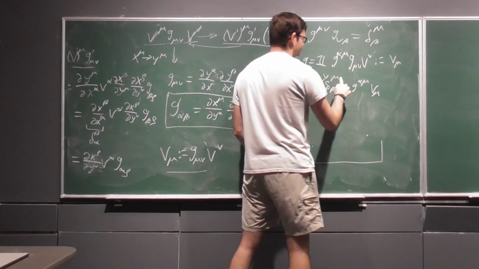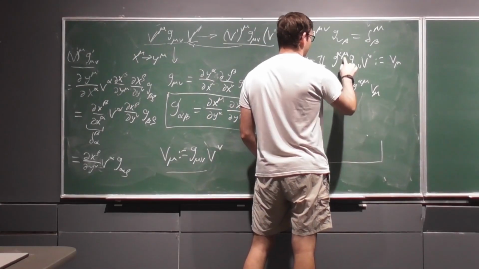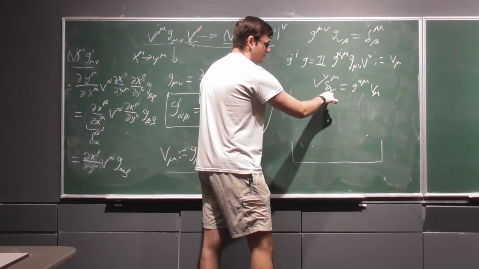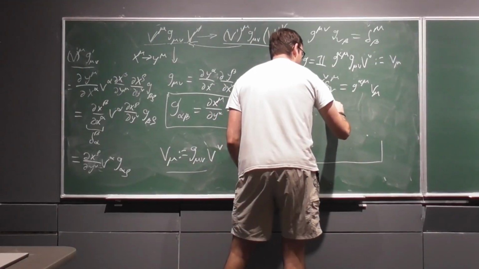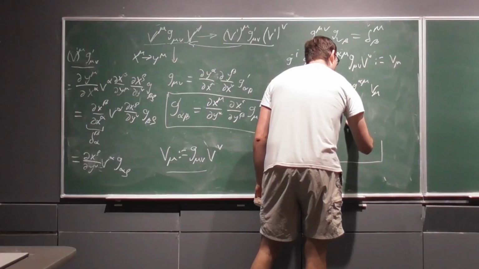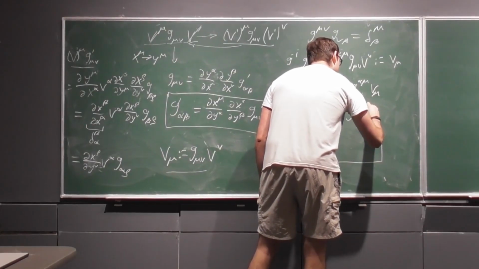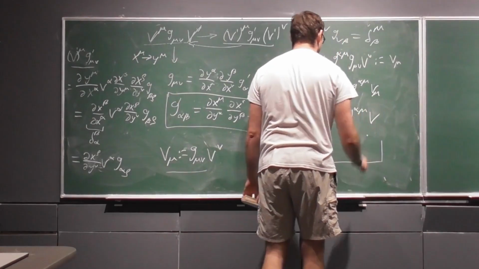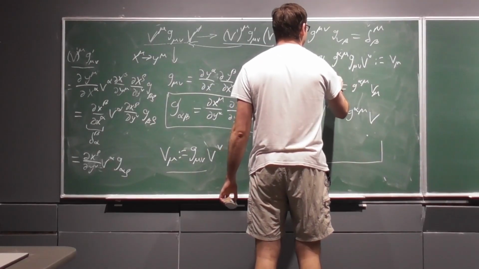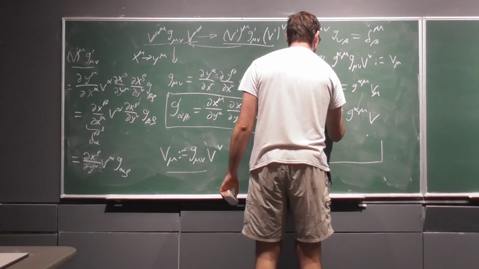Sorry, mu and a nu. So this tells me mu must equal nu, so I can write that as V mu, and lo and behold, hold on, I got lost in the index notation. That's an alpha. That's an alpha.